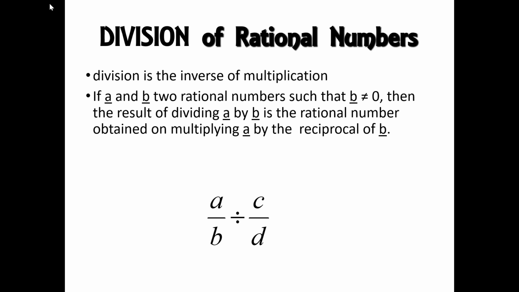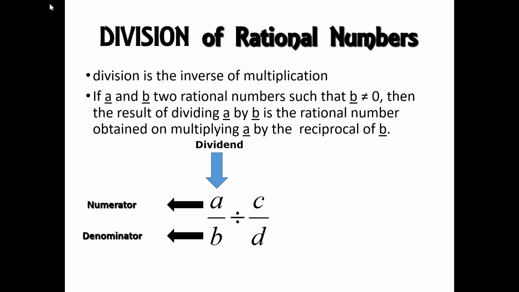A over B divided by C over D. Again, A is the numerator and B is the denominator, same with C and D. A over B is the dividend. The divisor is C over D.